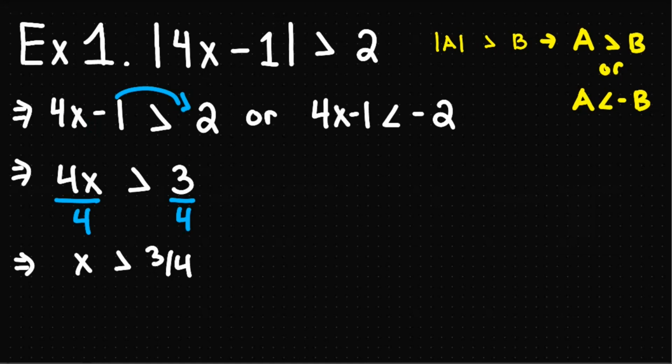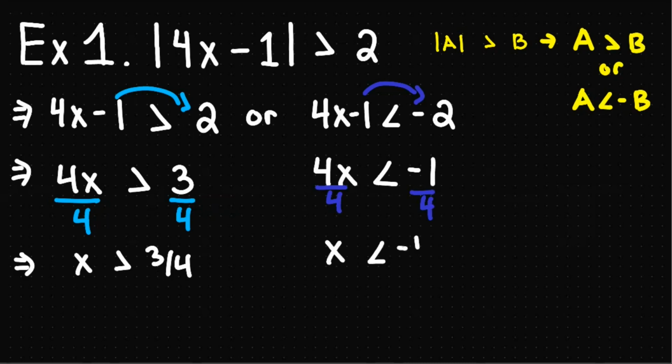Similarly, for the next one, we move negative 1 to the right to obtain 4x is less than negative 2 plus 1, that would be negative 1. Then we divide both sides by 4 to get x is less than negative 1 over 4. Bringing this down, this is already our final answer.